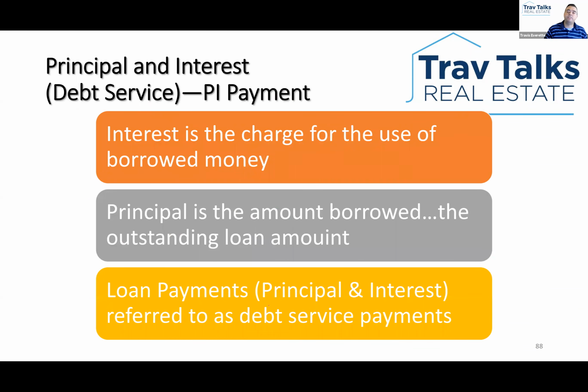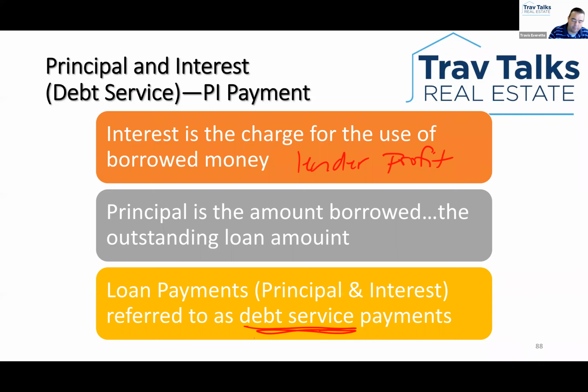Okay. So interest is the money that's being charged by the lender. That's their profit. So we could call that lender profit on a monthly basis. And the principal is the loan amount, the outstanding balance on the loan at any given time. When we make those payments, it's called a debt service payment.